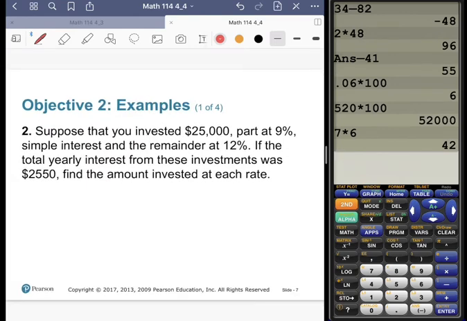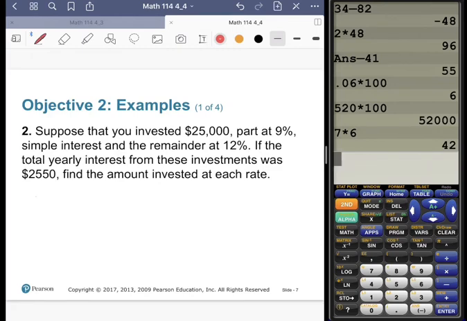Suppose that you invested 25,000, part at 9% simple interest and the remainder at 12%. If the total yearly interest for this investment was $25.50, find the amount invested at each rate.